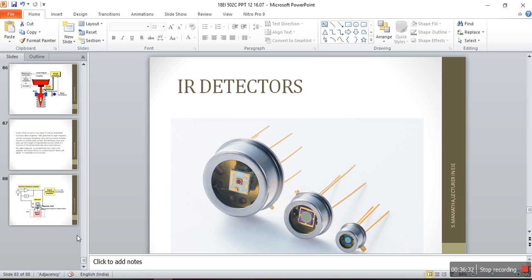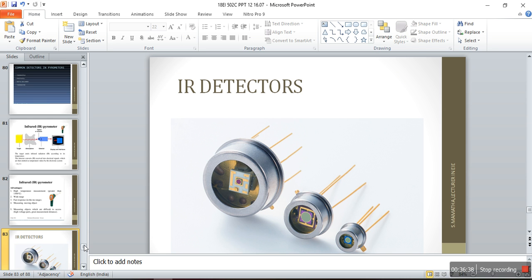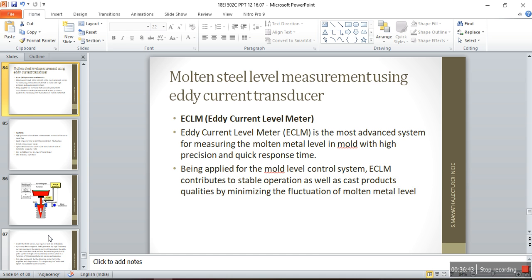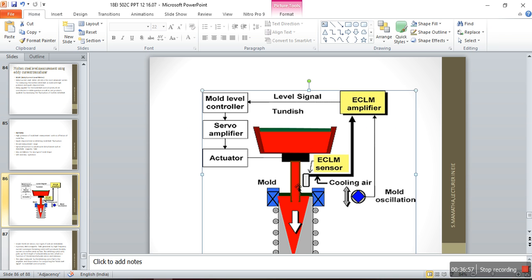Next, what are the different level measuring devices? Level measurement in a steel plant by using an eddy current transducer. Here we have an eddy current sensor, a level measuring sensor, consisting of a primary coil and a detecting coil.